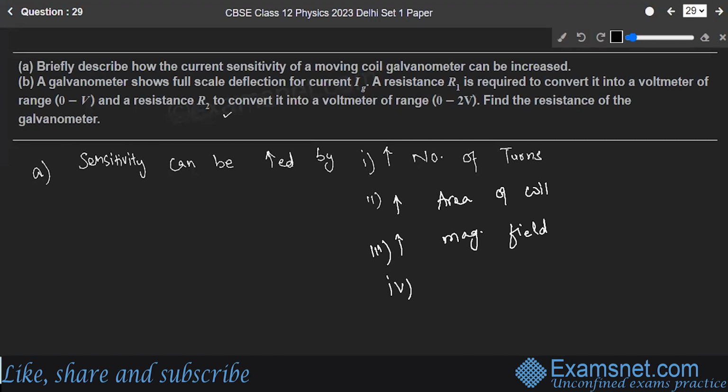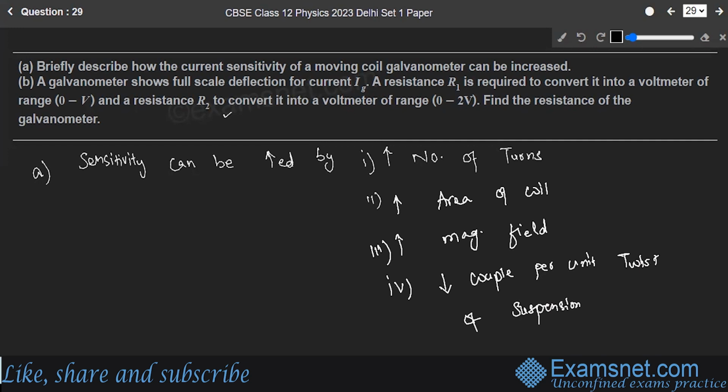Whereas by decreasing the couple per unit twist of the suspension, sensitivity also increases. All right.